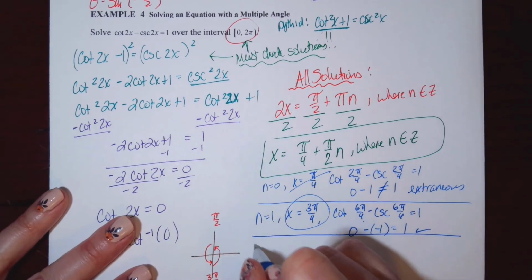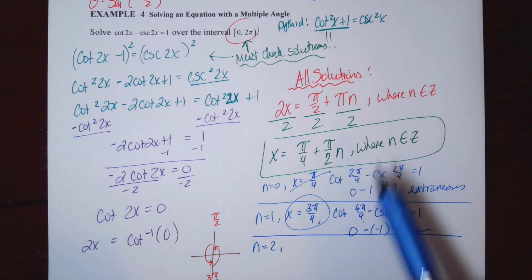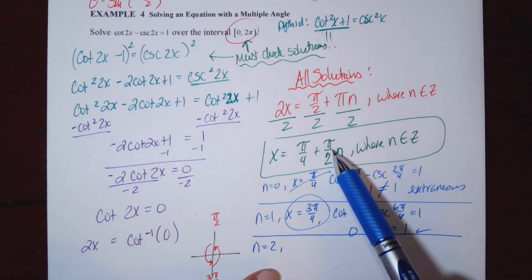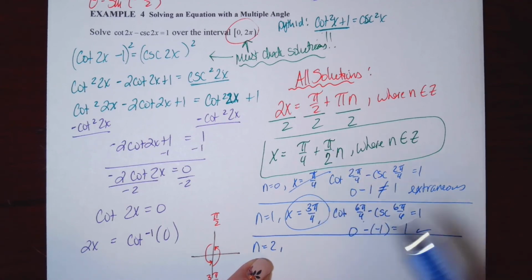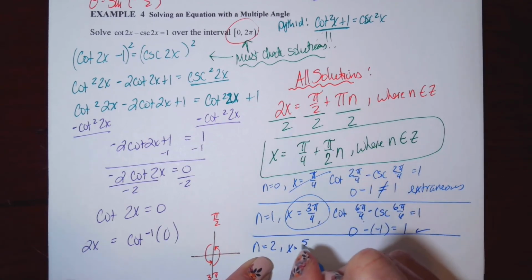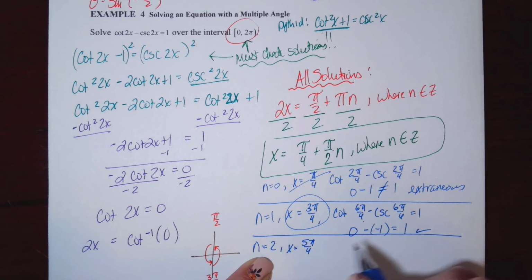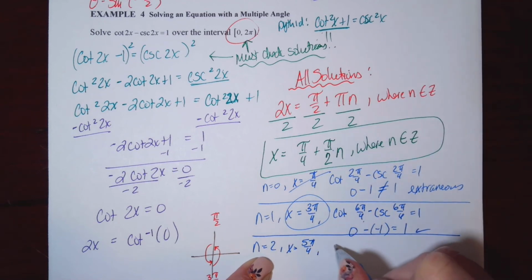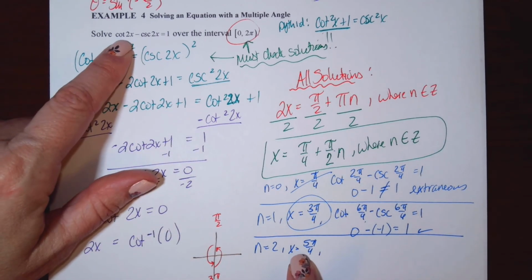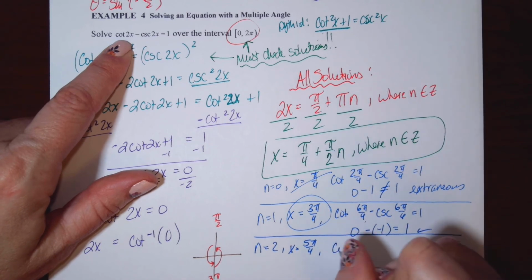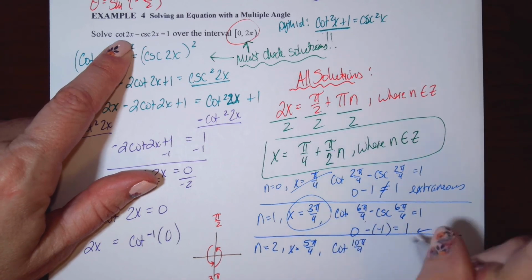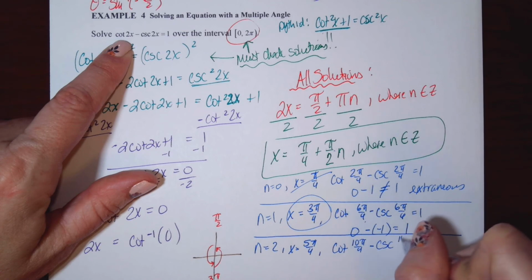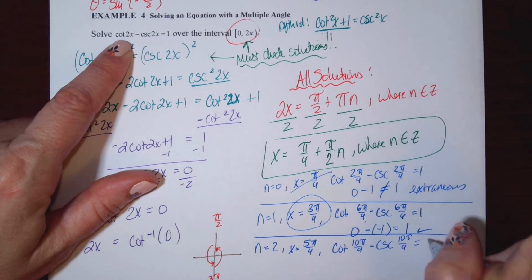So let's see what's next. N equals 2. Well, I'm adding another half pi, which is 2 pi fourths. So 3 pi fourths plus 2 pi fourths would put me at 5 pi fourths. So what's happening at 5 pi fourths? Okay, 2 times 5 pi fourths is 10 pi fourths. So that's cotangent at 10 pi fourths minus cosecant at 10 pi fourths equals 1.